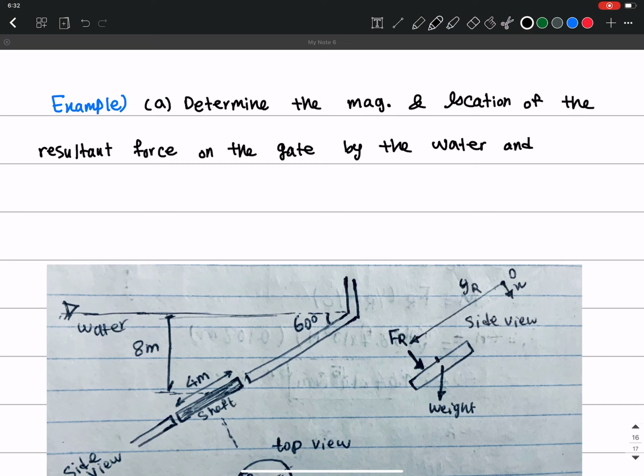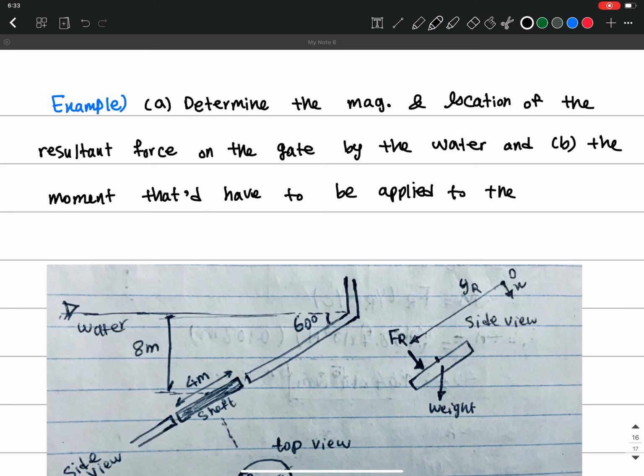And B, the moment that would have to be applied to the shaft to open the gate.